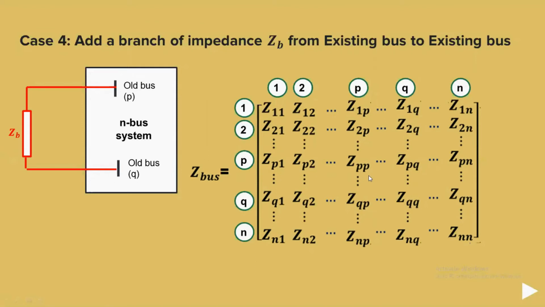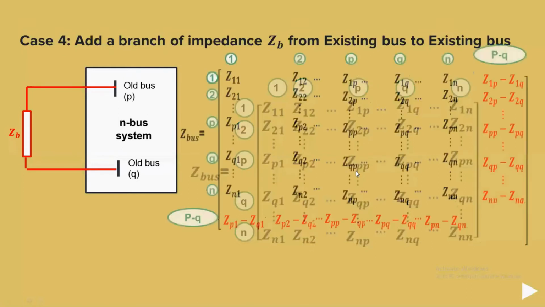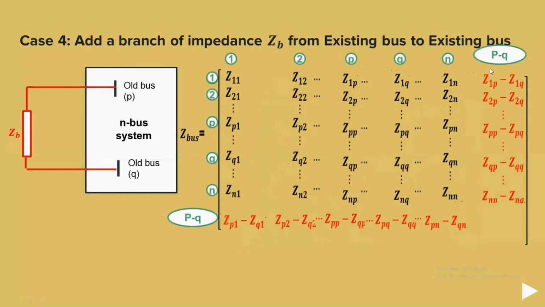Now the modification required in this matrix: increase one column and one row. The new column element value is equal to the pth column minus the qth column element value, because the new branch impedance is connected between the pth bus and the qth bus.